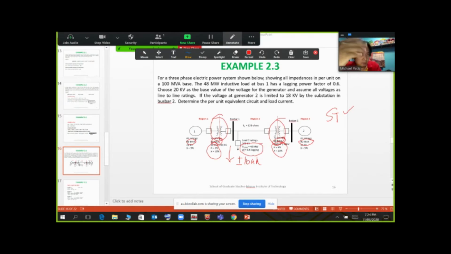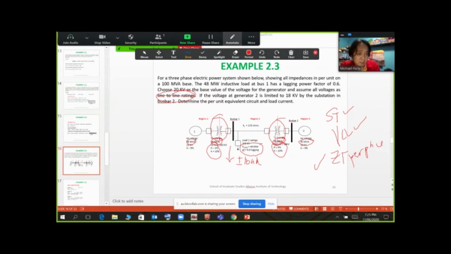There's no phrase or statement in the problem if that is per phase basis, but you can treat those powers as total, and it's also given that all of the voltages here must be on a line-to-line basis. That is checked. And last but not the least, the impedances, if there are any, are on per phase basis. So again, it is satisfied.